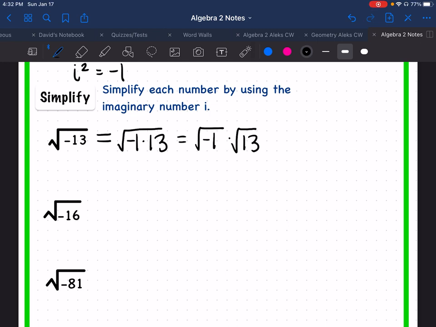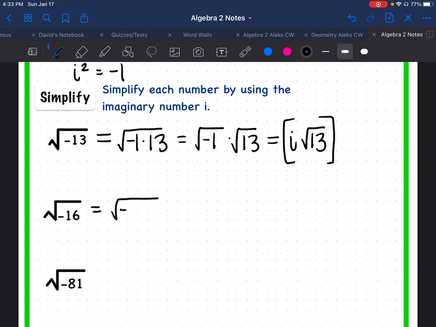Am I going to get a whole number, or am I going to get a decimal? In this case, I'm going to get a decimal, so I'm going to leave it as the square root of 13. This would be my complex answer. Okay, you want to put the i first because you don't want to think of the i as being underneath the square root. Okay, let's take a look at the next one.